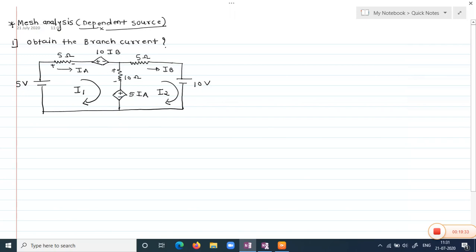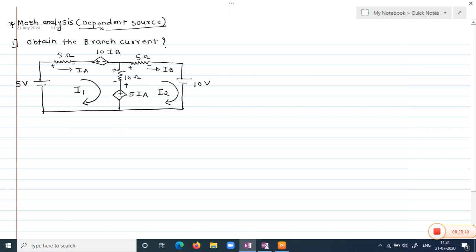Since you don't apply any polarity to dependent sources, the polarity is already defined in dependent sources. Here in the second loop, the current flowing through the second loop is I2. The current flowing through 5 ohm is from positive to negative, here 10 volt, and here 10 ohm, again the current flowing through positive to negative. Again, for dependent sources we keep the polarity as it is.